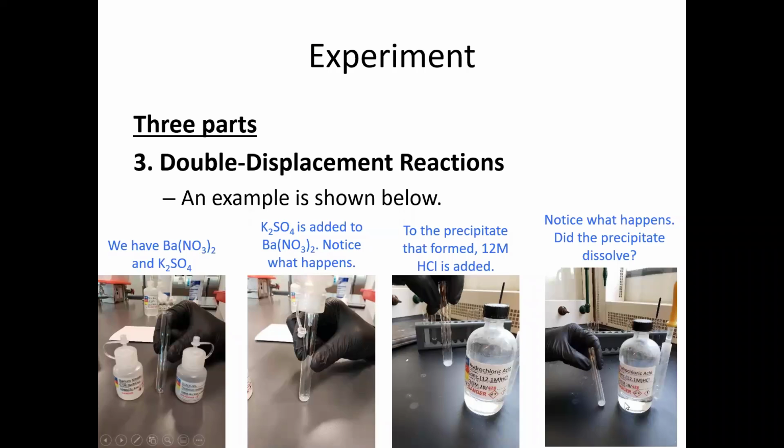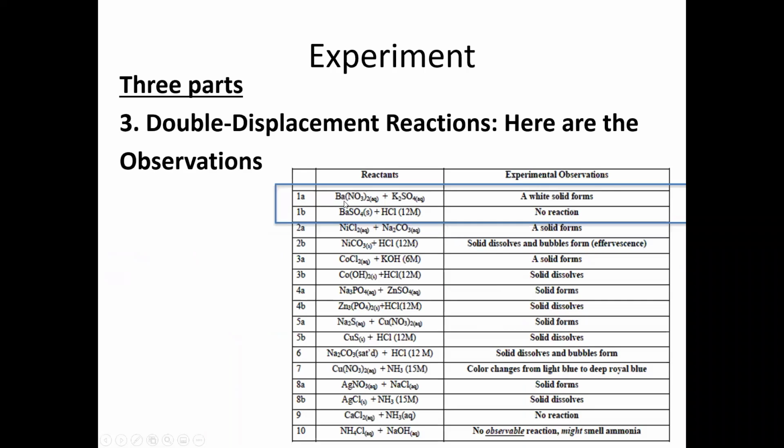So the precipitate remains, right? There are two steps. In the table you are provided, you'll see that. So this is reaction 1 with two steps, 1A and 1B. The first step is to mix the barium nitrate with the potassium sulfate. And the observation is a white solid forms.